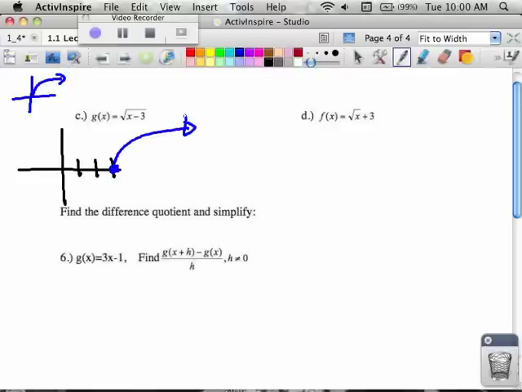Now you could graph this on your calculator, you could use a table, but if you have an understanding of transformations, it is much faster to just know that it's been moved to the right 3. Why? Because now I can tell you that my domain starts at 3 and goes to the right forever.